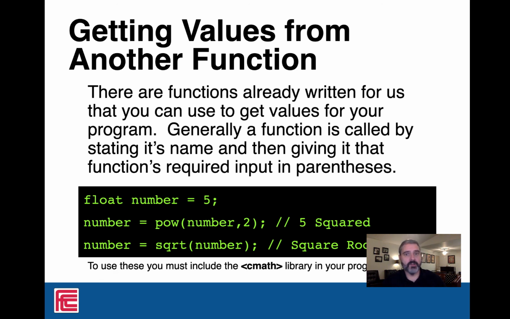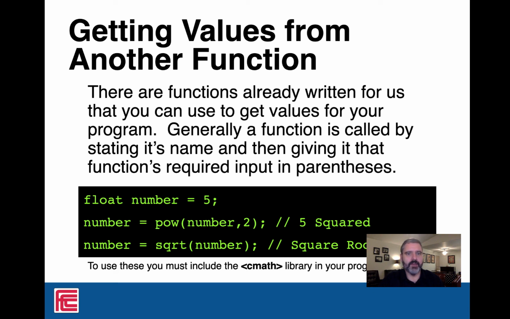That could be an expression. To do this, you have to include the CMath library in your program at the top, just like you did IOStream. And it'll still be in angle brackets because it's one of the already built, pre-compiled binary libraries.